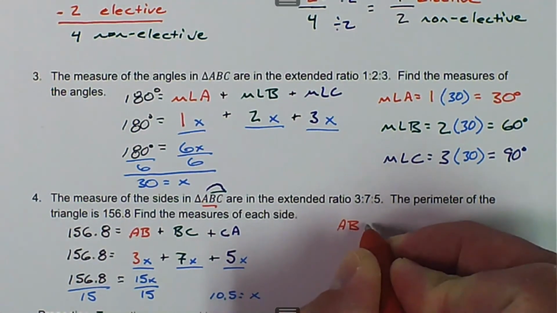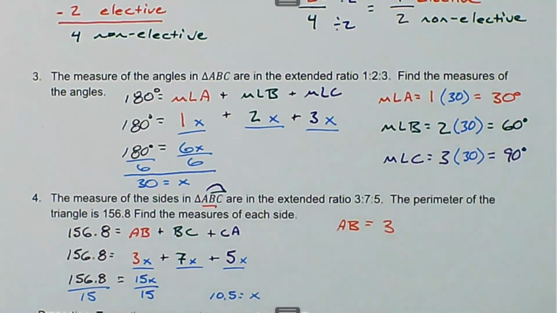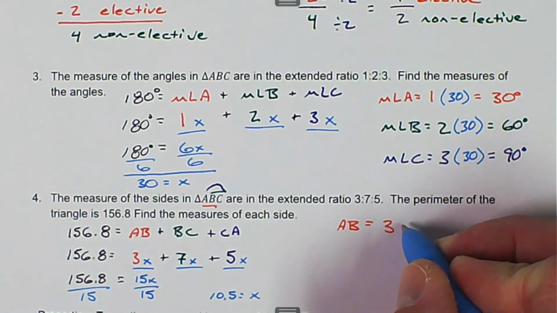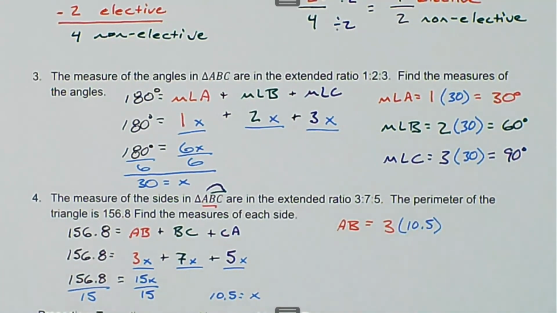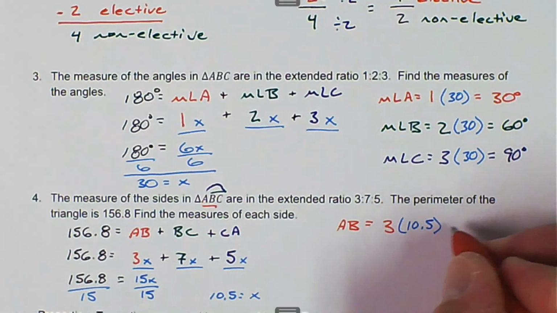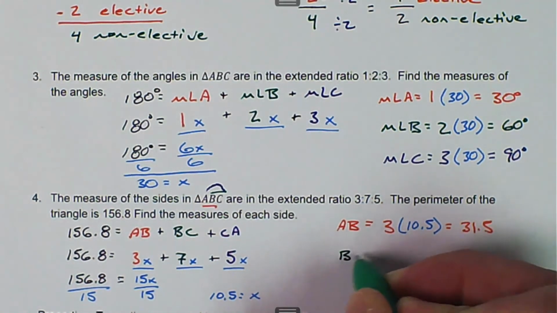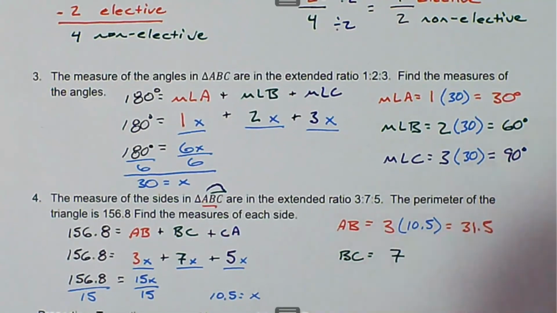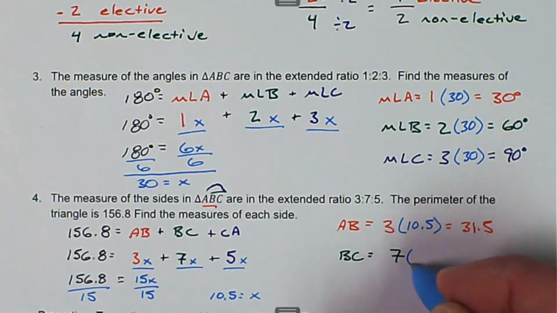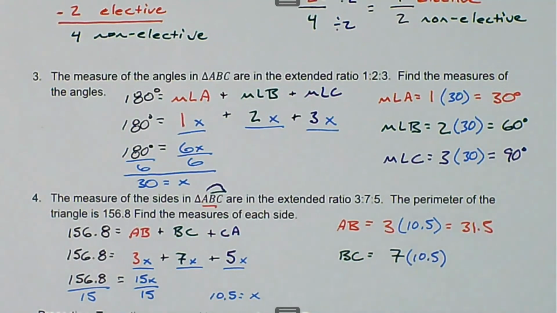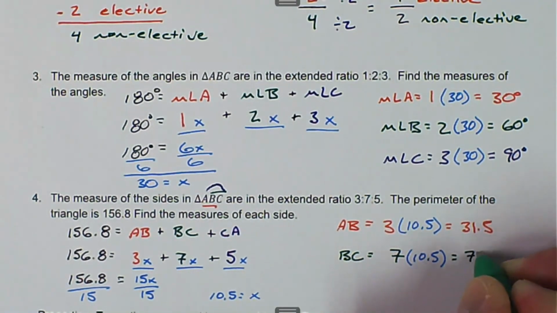So AB is equal to 3 times 10.5, which is going to be equal to 31.5. Then we have BC is equal to 7 times 10.5, and 7 times 10.5 is going to be 73.5.